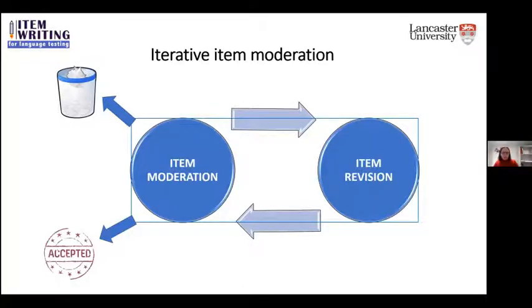I would say about 5%. Then some similar percentage of items, or maybe a bit more, are rejected. But all other items just need further revision. So item moderation is a small iterative cyclical process, a small cycle within the bigger cycle of test design. And that's how it normally happens.